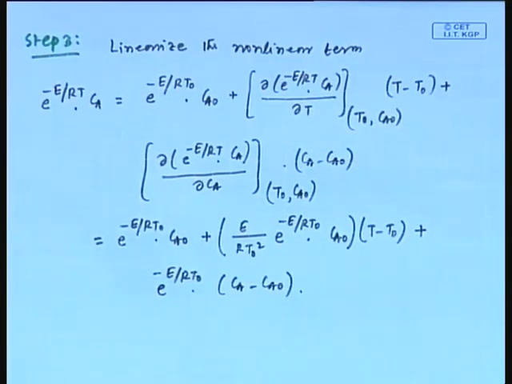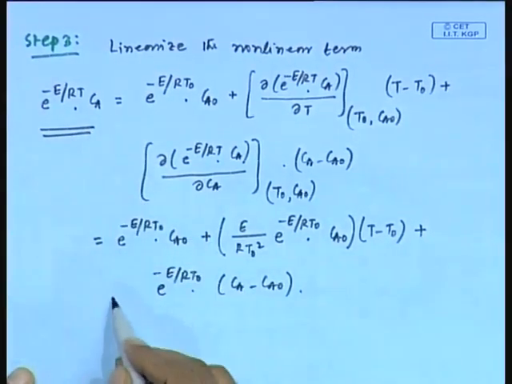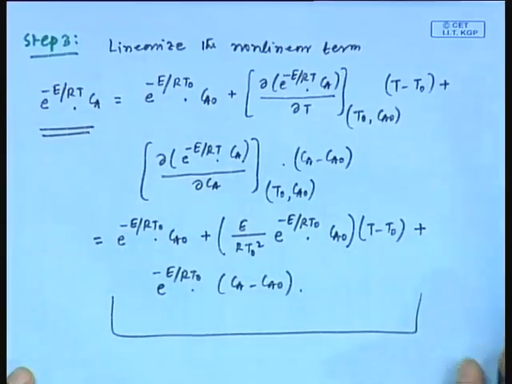So, in this third step we have just linearized the nonlinear term. In the next step, in step 4, we will substitute this linearized expression in the nonlinear modeling equations. We will substitute the linearized term of e to the power minus E divided by RT, CA in the nonlinear modeling equation. In place of this, you substitute this term, this part.